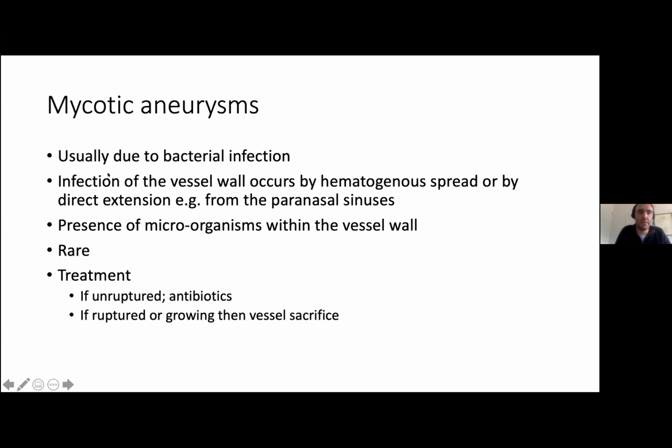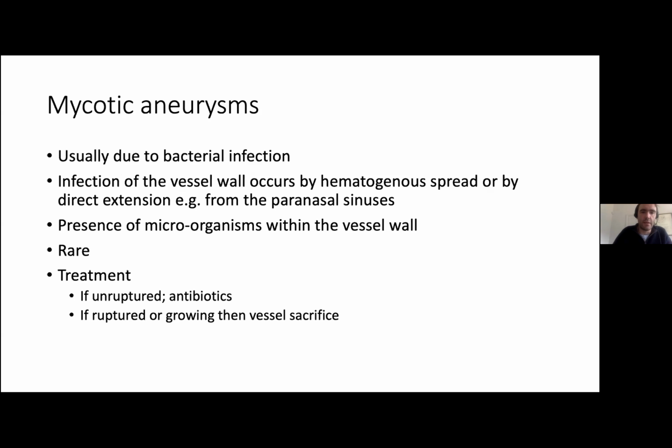So what happens, these patients tend to be infective endocarditis patients or drug users with infected DVTs and things, and you get these tiny little infected thrombi that travel around the body, and then they get lodged in the small peripheral vessels of the brain.